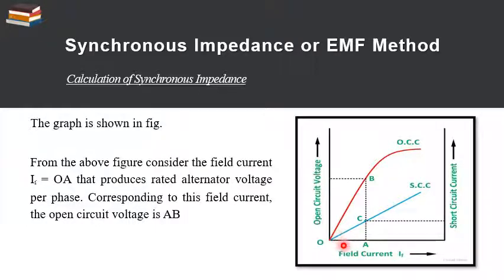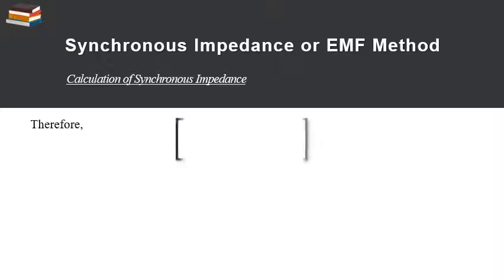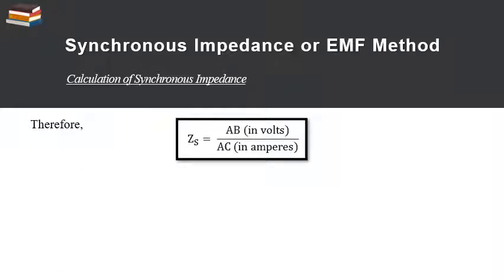Corresponding to this field current, the open circuit voltage is AB. This AB is the value of the rated alternator voltage per phase. Therefore, ZS is equal to AB in volts divided by AC in amperes.